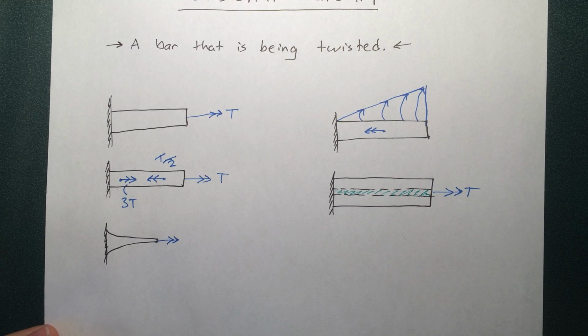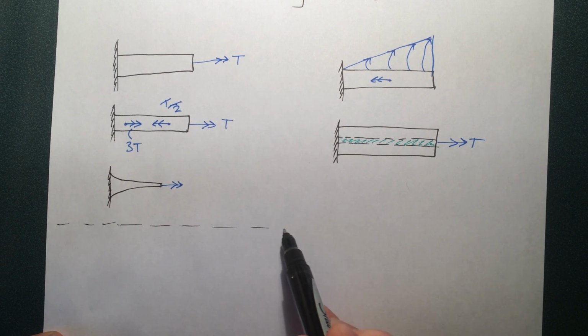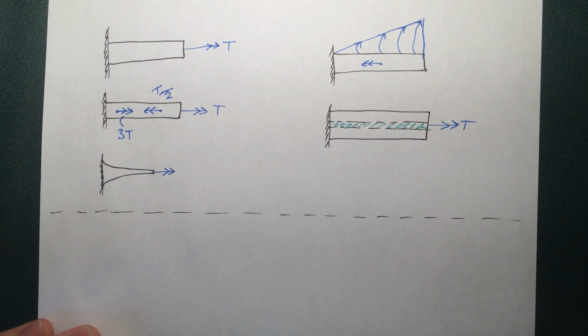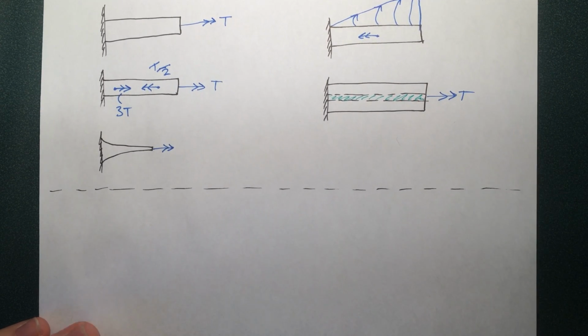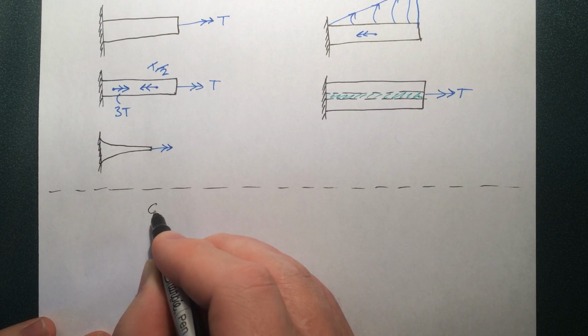So there are lots and lots of practical uses of torsional bars, or bars that are being twisted, in the real world. Alright, the first one that I can think of that's the most prevalent in engineering is generators. Alright, and shafts in generators that spin particularly.